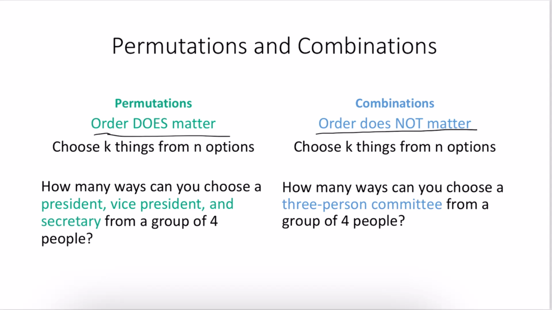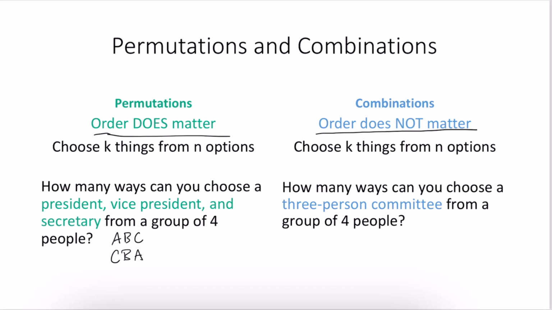These are different because in the first case, if you chose person A to be the president, and then person B to be the vice president, and person C to be the secretary, that would be different than if you chose person C to be the president, person B to be the vice president, and person A to be the secretary.